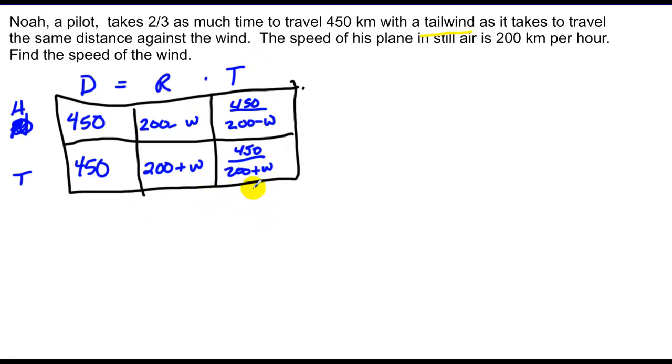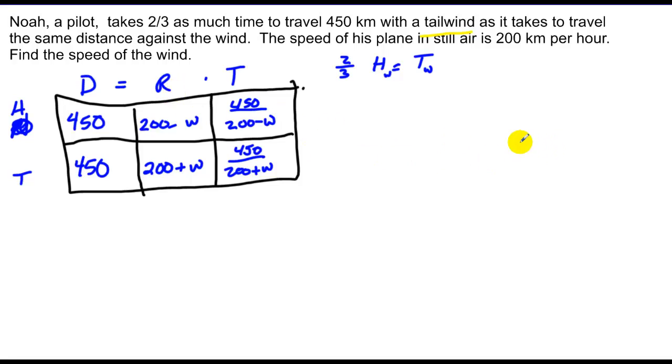And then now we need a relationship for the time, and it says it takes Noah 2/3 as much time to travel 450 kilometers with the tailwind than it does to travel against the wind. So if I multiply the headwind by 2/3, I get the tailwind. So headwind times 2/3 equals tailwind, and that's time.